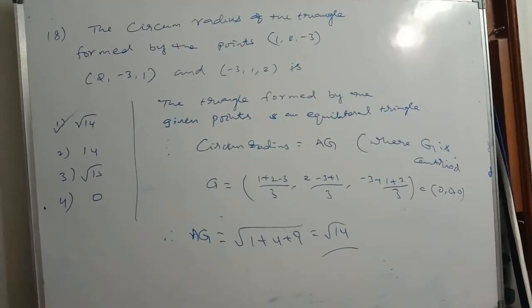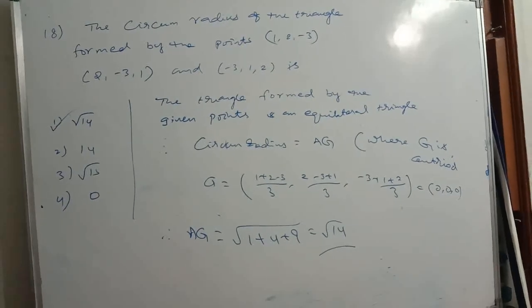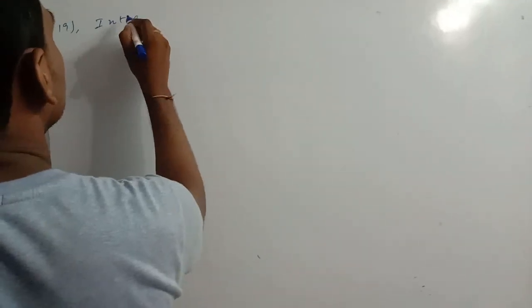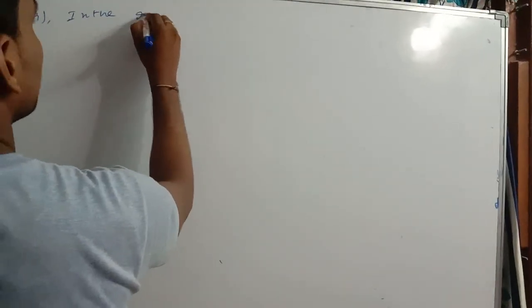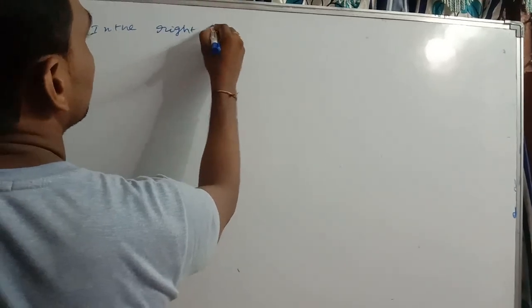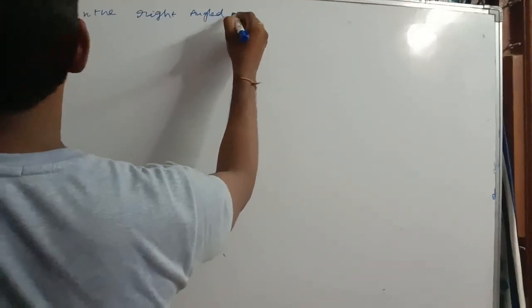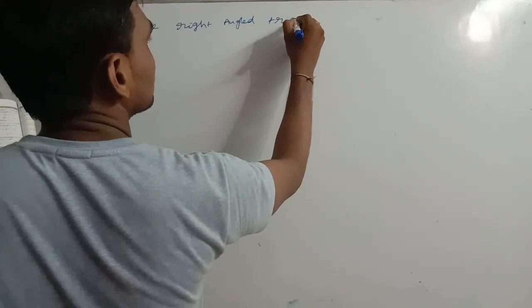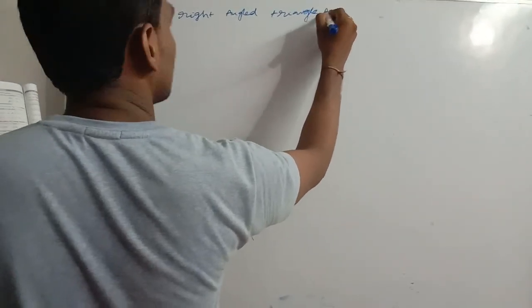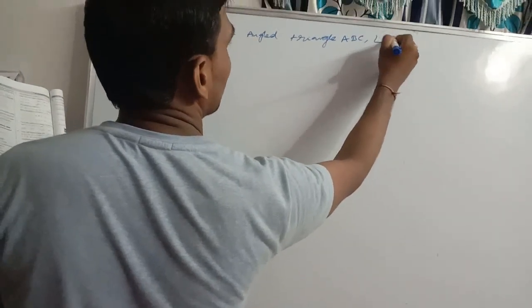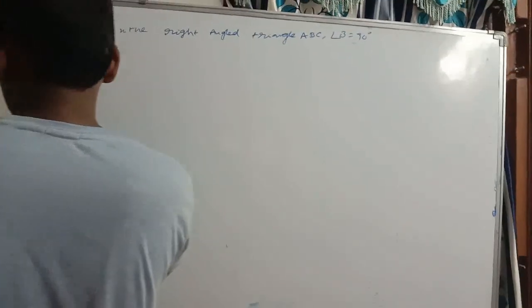In the right angle triangle ABC, angle B is 90 degrees.